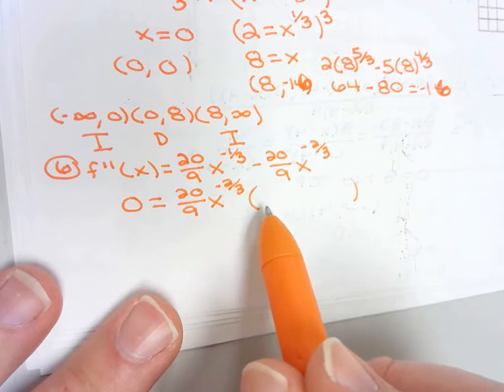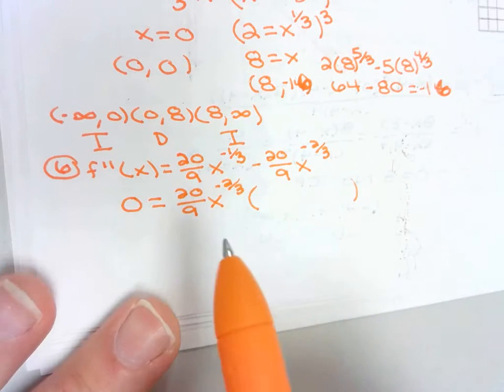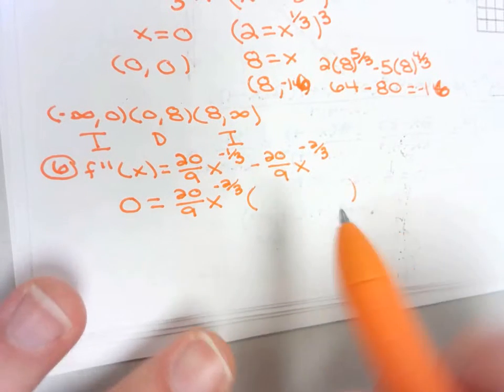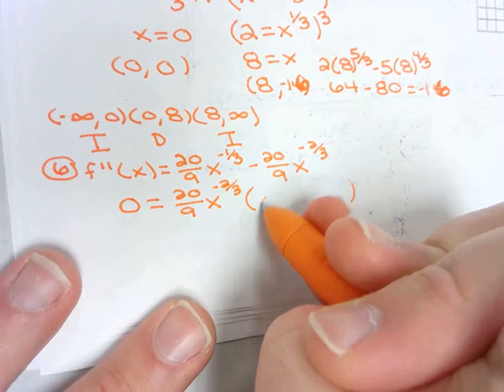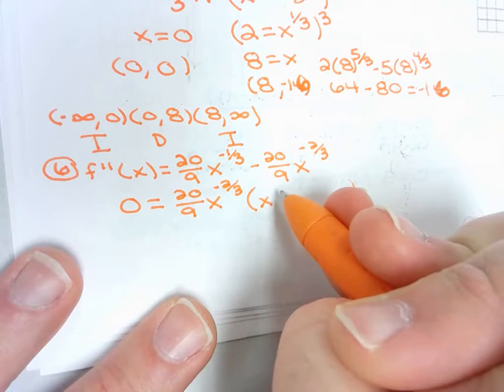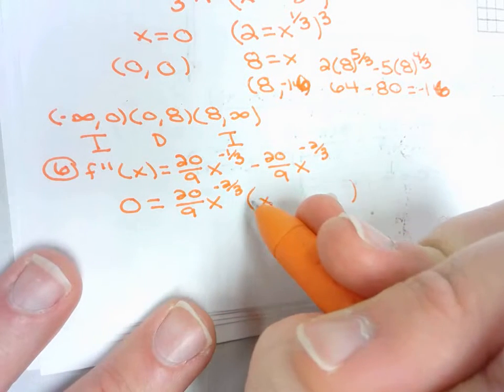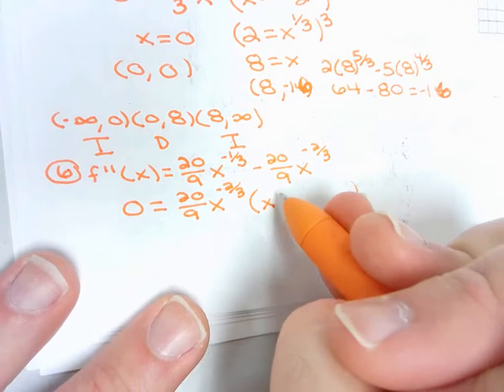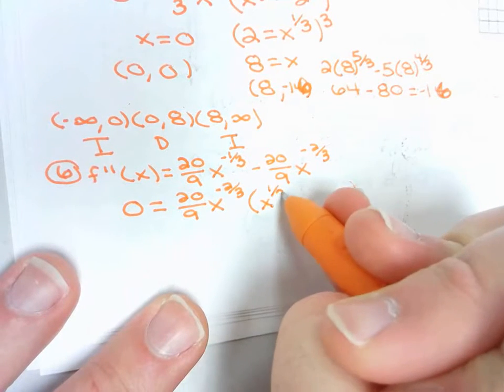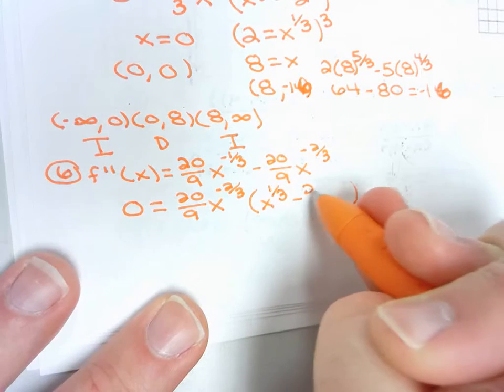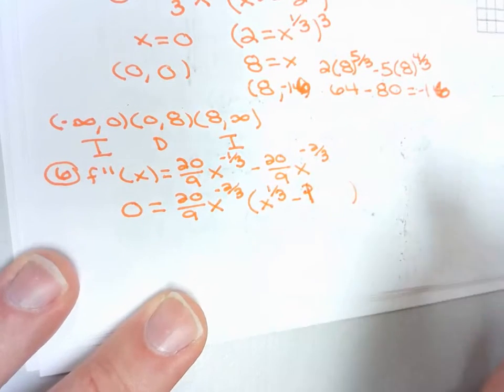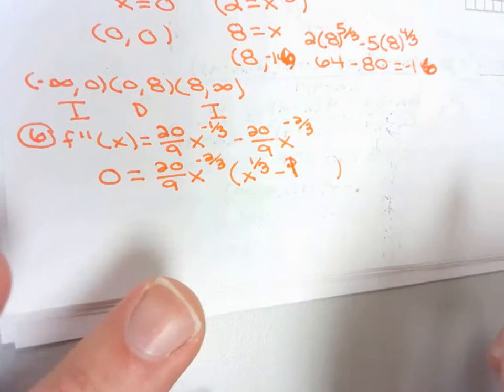Negative 2/3 plus what will give me a negative 1/3? 1/3, minus, well, this is just going to be a 1 because I took out the 20/9 and I took out the negative 2/3.